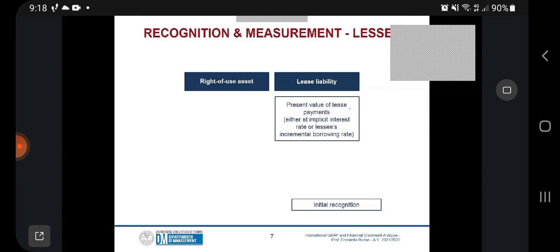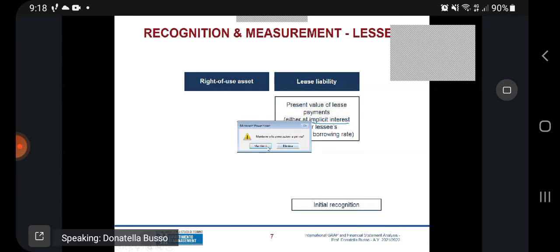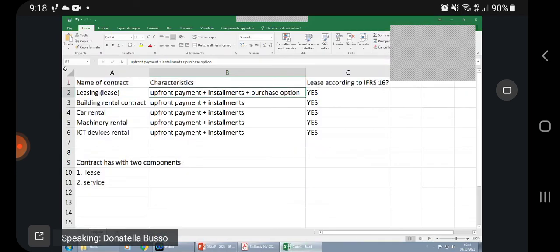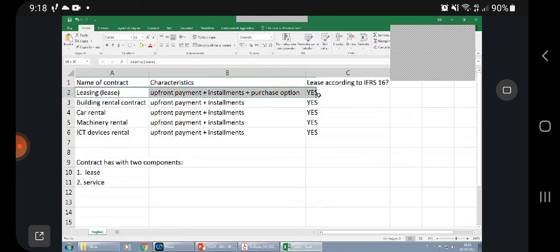In order to compute a present value, we need an interest rate. Do you agree? In some contracts, the interest rate is implicit. This is in particular the case of this type of contract.